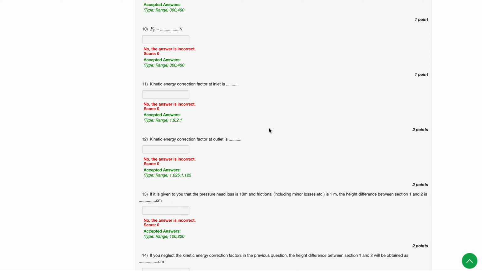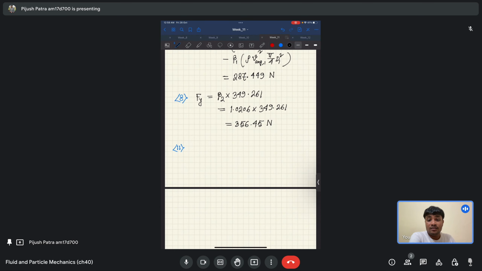Kinetic energy correction factor at the same time will affect the energies. So it will appear correspondingly in the left hand side and the right hand side of the Bernoulli's equation. If you write the Bernoulli's equation at the inlet and at the outlet, it will appear accordingly.